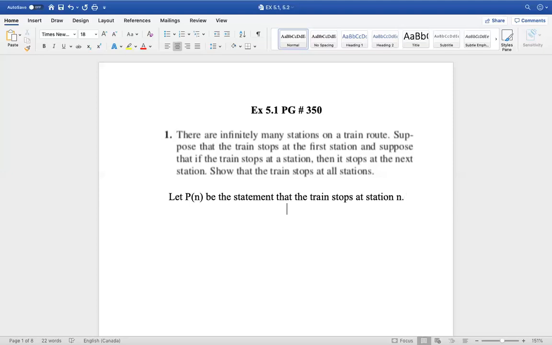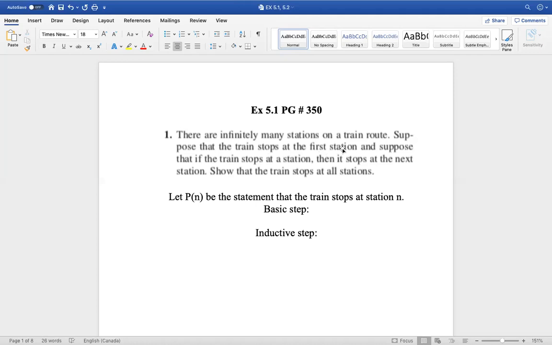Now we have to define the basic step and the inductive step. In the basic step, we have to take the smallest instance, the smallest thing that we know is true.